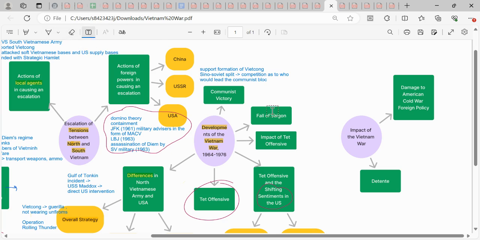Some key impacts of the war: for LBJ, he concluded that the war was unwinnable militarily, and he was very keen on peace talks.